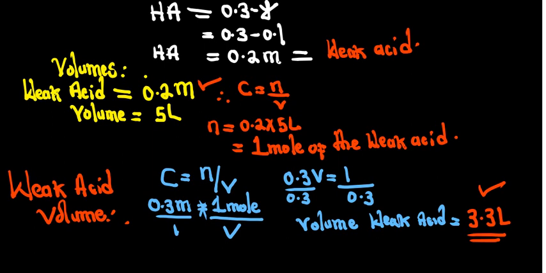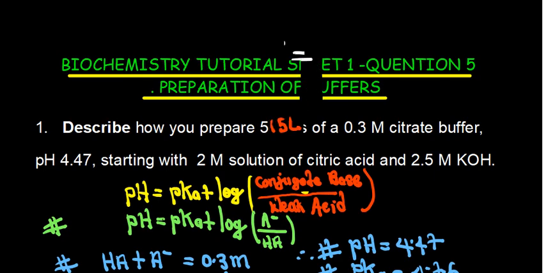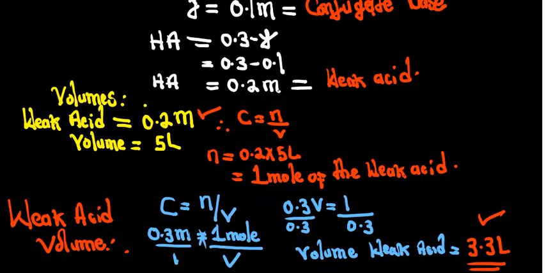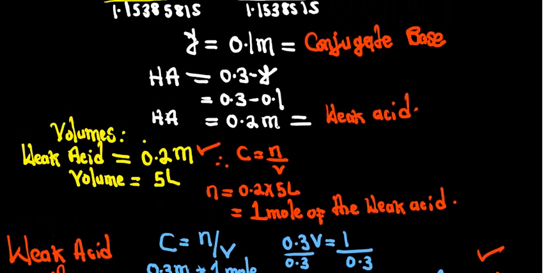So what we're going to do here is that previously we found out that the conjugate base had a concentration of 0.1. So that 0.1, I'm going to multiply it by the number of liters for me to find out the number of moles.